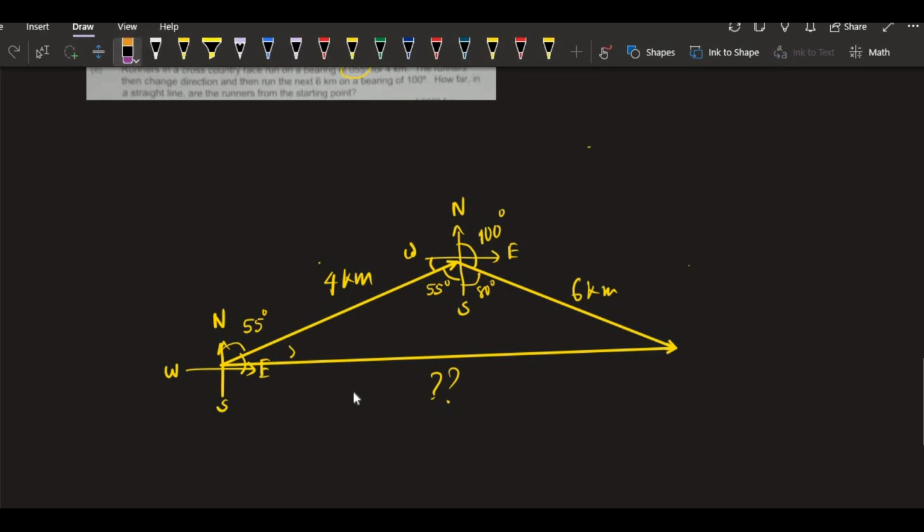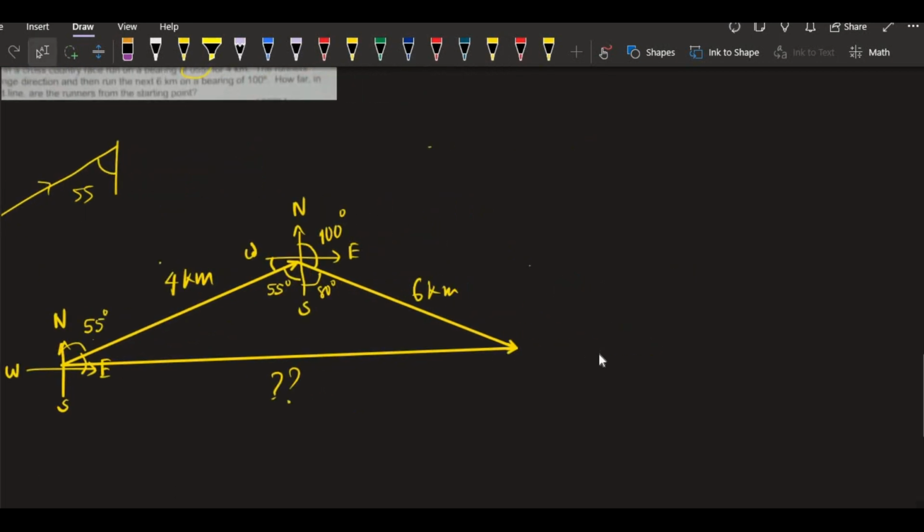So think of alternate angles. If this angle is 55 degrees, this is supposed to be 55, because these two are parallel lines. Clear?